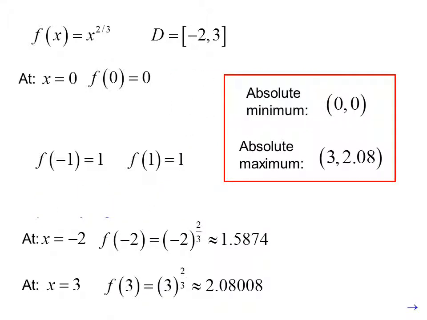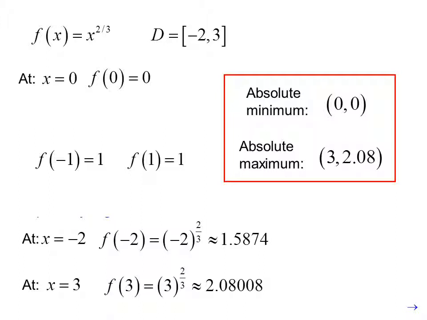So we see that of the three choices, which are 0, 1.5874, and 2.08008, the smallest one is 0, so we have an absolute minimum at (0, 0).